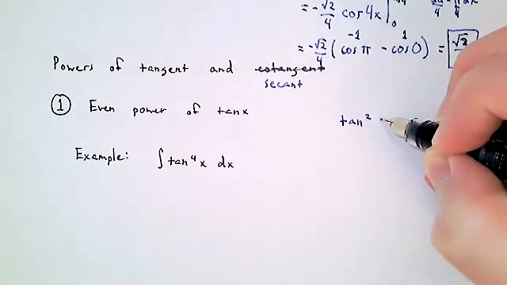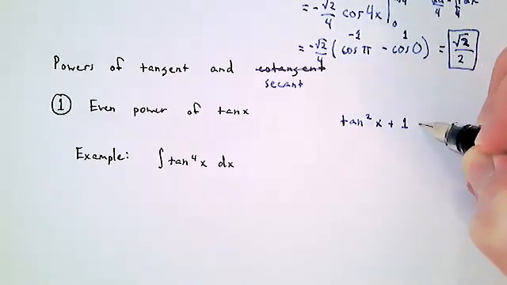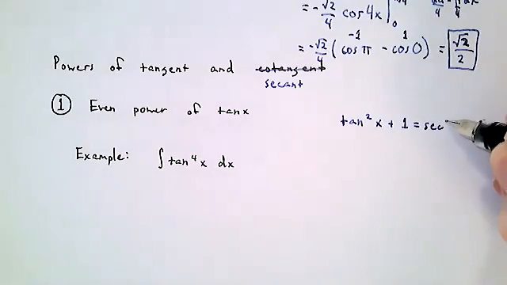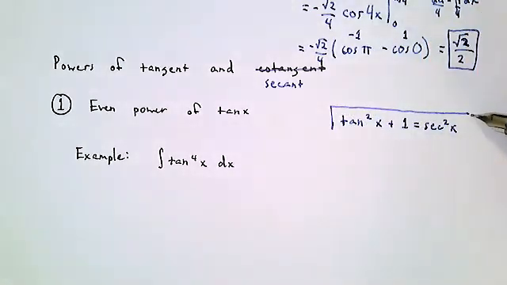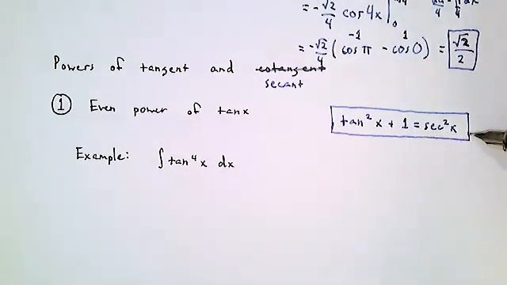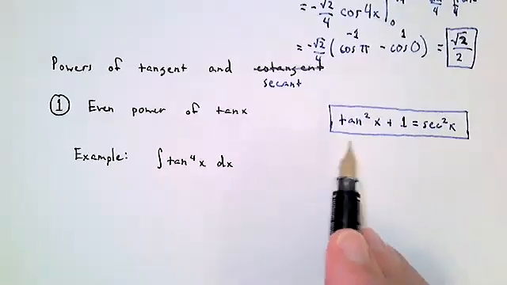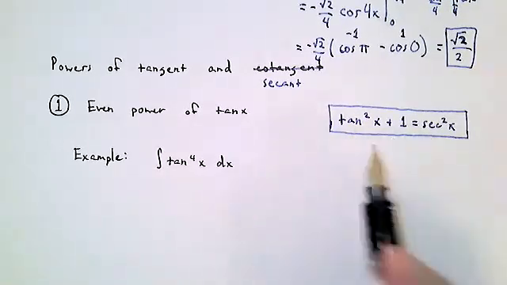It says tan squared of x plus 1 is equal to secant squared of x. So just like we were able to convert even powers of sine and cosine back and forth, we're able to convert even powers of tangent and secant back and forth.